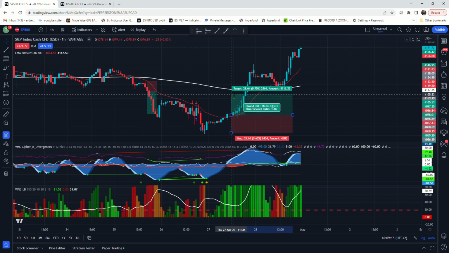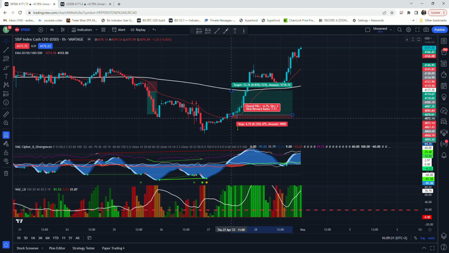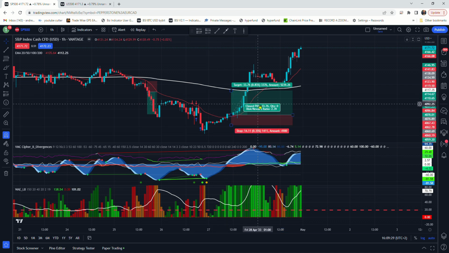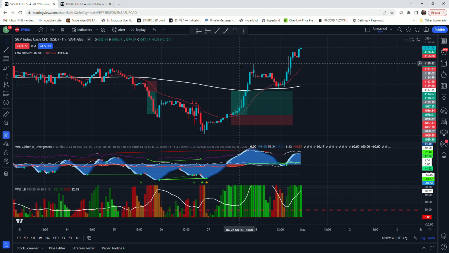Take it up to the 200, and that gives us 83%, a minimum stop loss of 0.36, which is there, fine, good. And then we can continue it, but we always know it's probably going to reverse after a move like that.